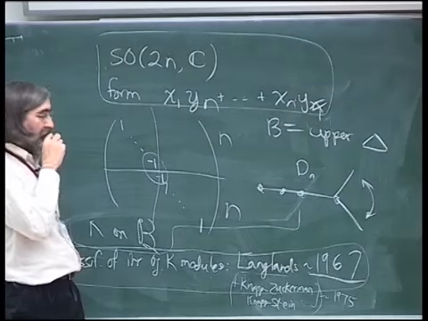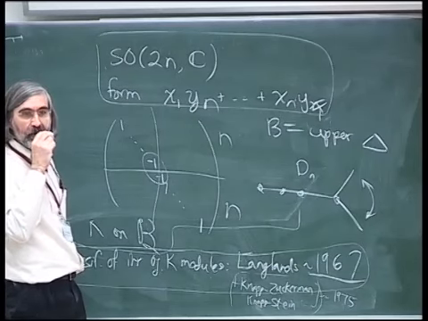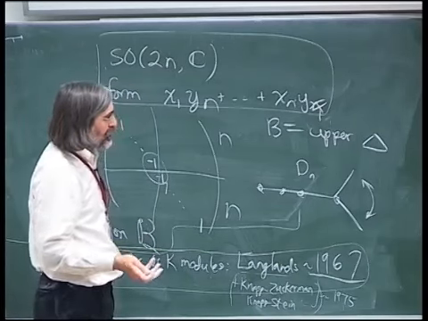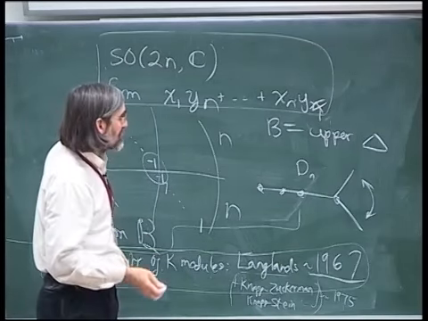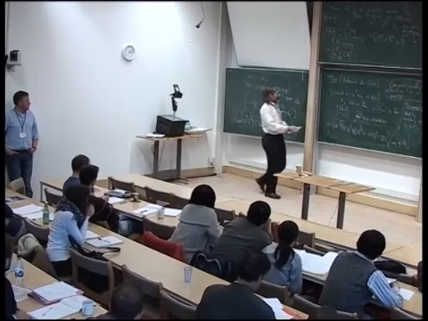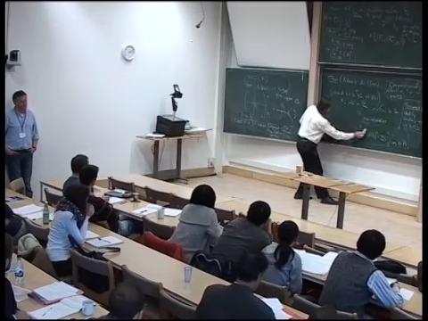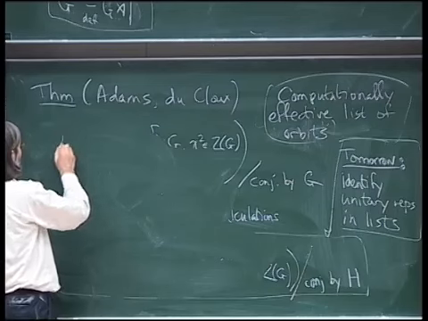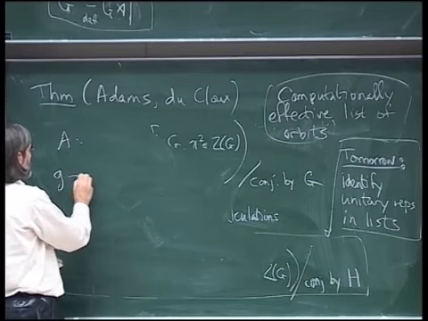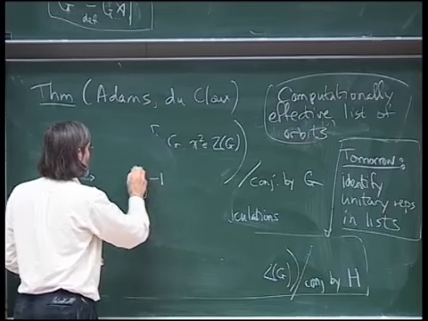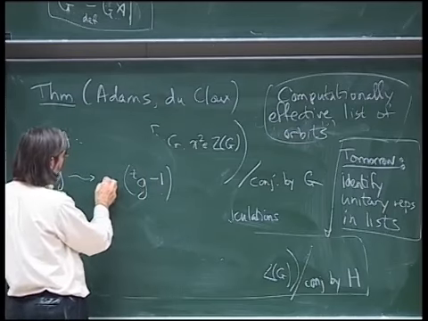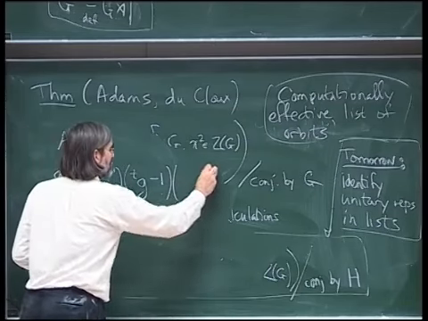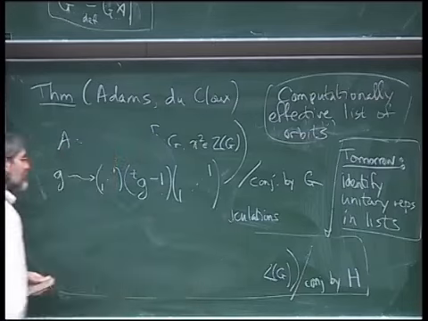Some try that you embed this one into type A. I can never remember how to do the type A one, but it's more or less in type A. An example looks like this: you take g to the inverse transpose of g, and you conjugate by this matrix.